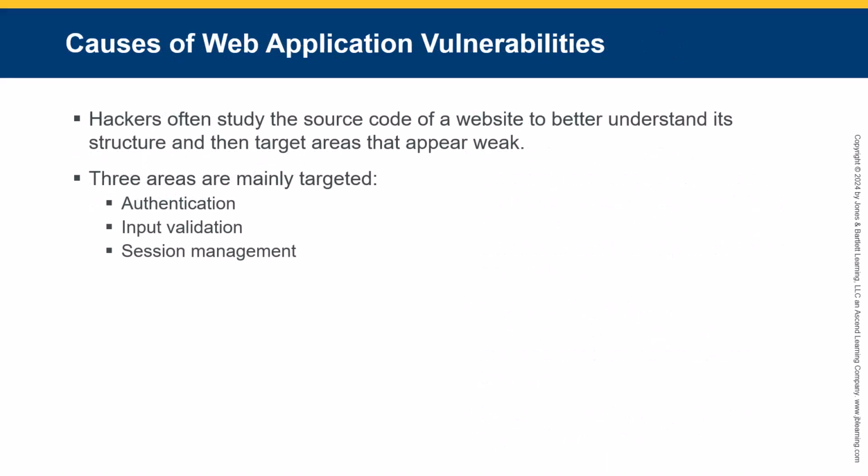So hackers typically look at the source code of a website to better understand the structure and so that they know how to attack it. Basic reconnaissance for the hacking framework is look at your target, analyze your target, and figure out the best multiple ways in.